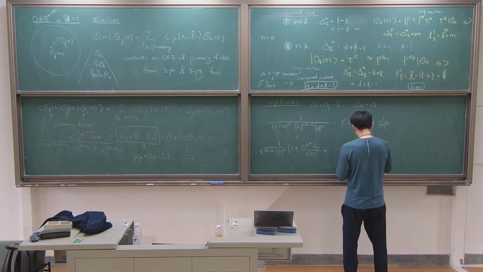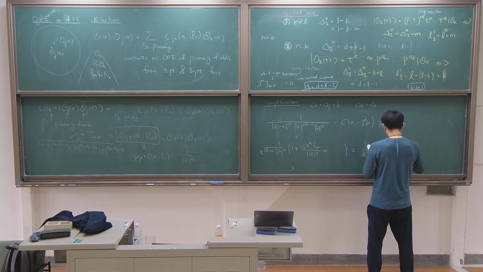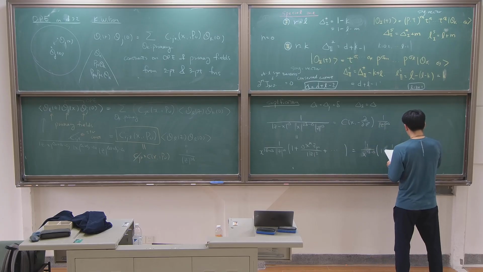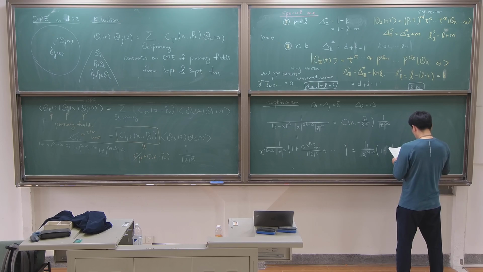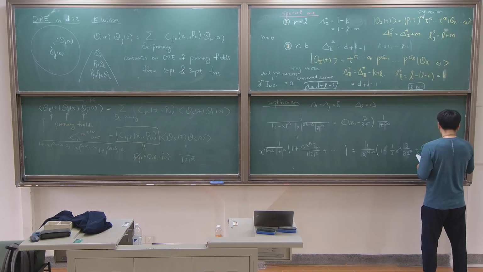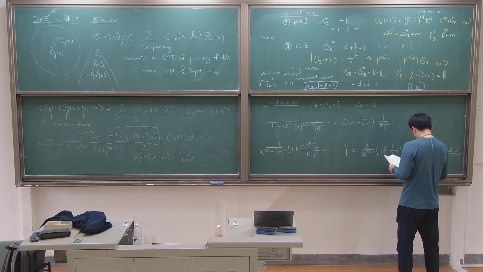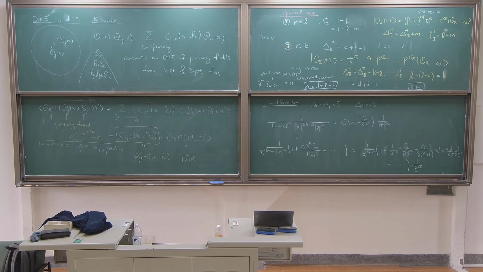So x to the capital delta minus delta, 1 plus 1/2 x over delta, times tau. So that's what we get.